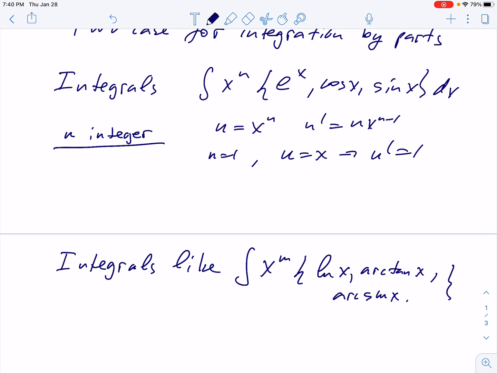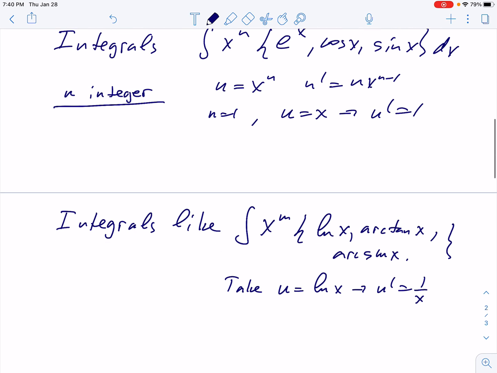Function such that the derivative is more simple. So then we take u to be the logarithm, and then u prime is 1 over x. It simplifies considerably. If you have arctangent, if you take u to be arctangent, then u prime will be another simple function, a rational function.